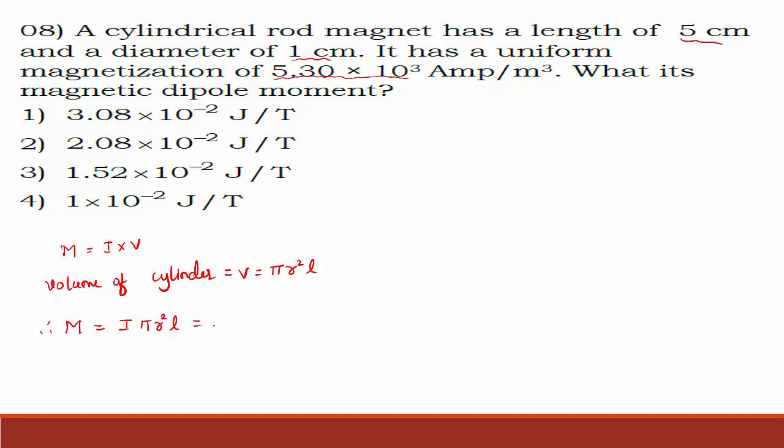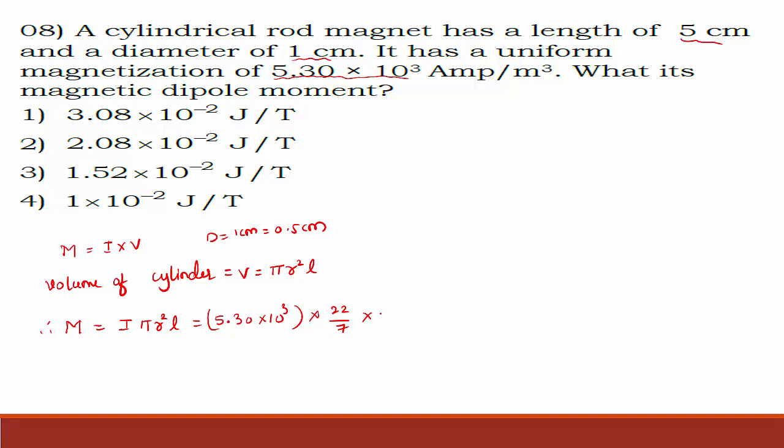Now substitute all the values. I value is given 5.3 into 10 raised to 3, into pi is 22 by 7, keep as it is, into, here diameter is given, that is 1 centimeter, so radius is 0.5 centimeter.